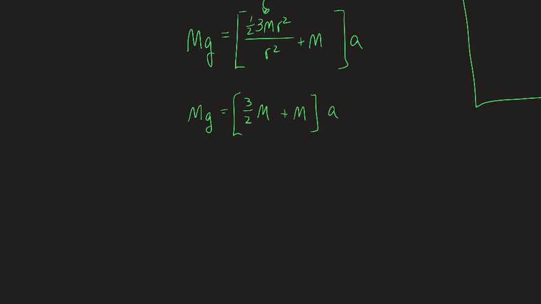In fact, you can combine that and you get 5/2 MA equals mg. Cancel out those m's.